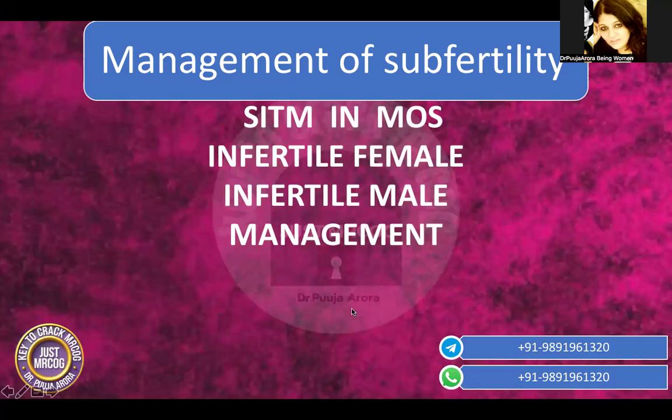In that case, we should offer a repeat semen analysis, urine for retrograde ejaculation, endocrine, microbiological, genetic tests like karyotyping, cystic fibrosis screening, Y chromosome microdeletion, scrotal and testicular ultrasound, and testicular biopsy. Review the investigations and properly differentiate pre-testicular, testicular, or post-testicular causes of severe sperm abnormality.